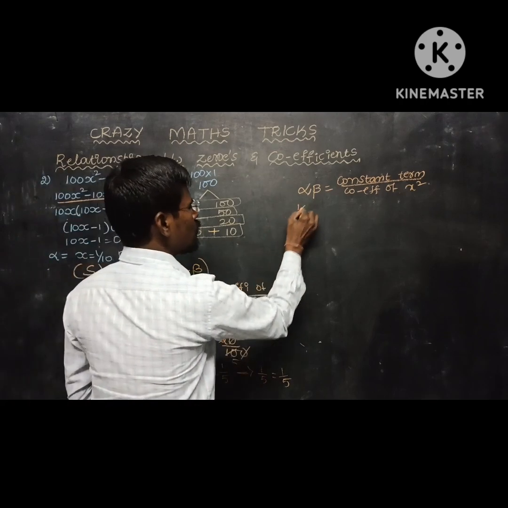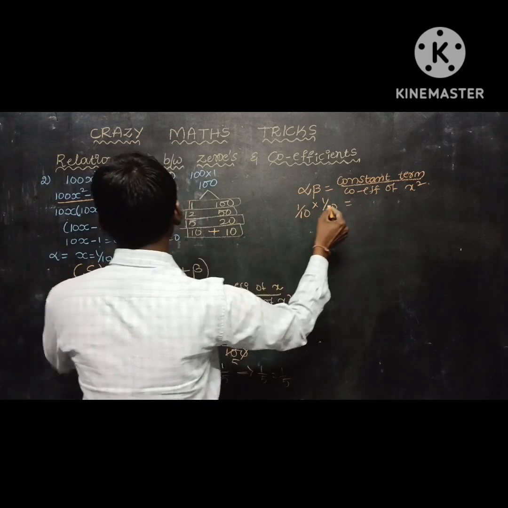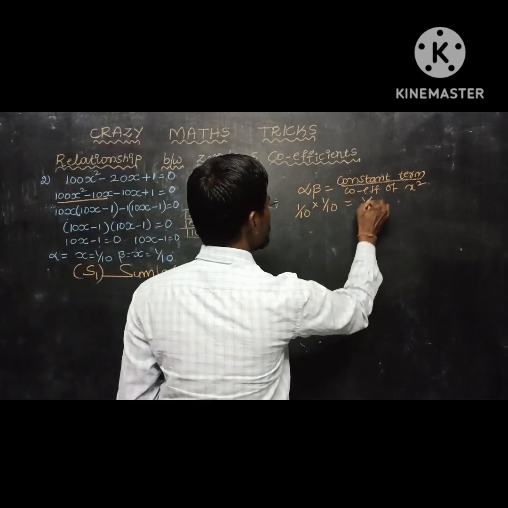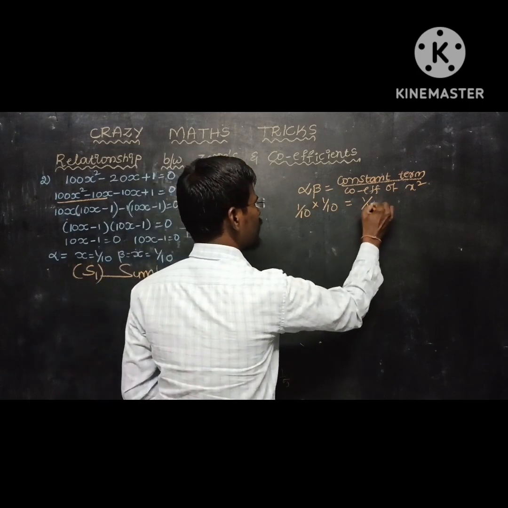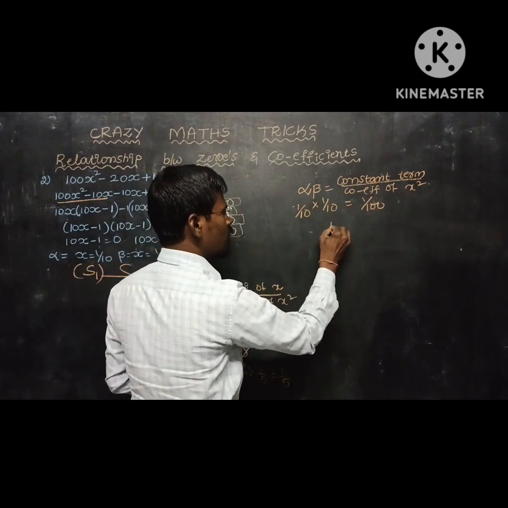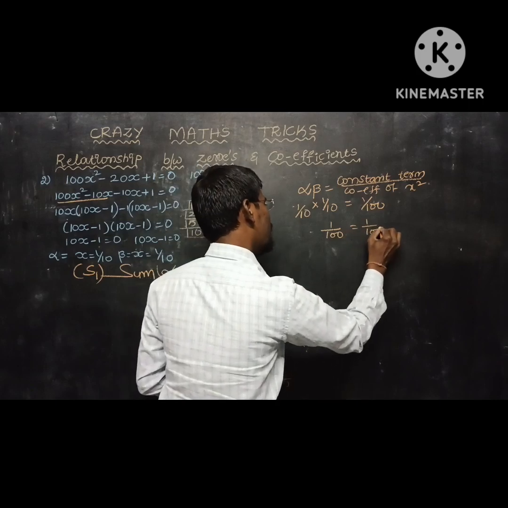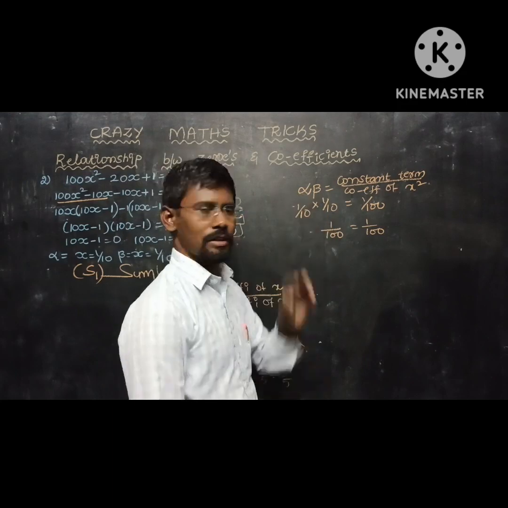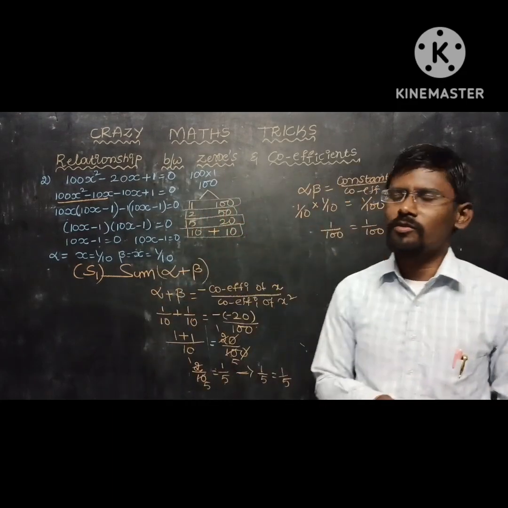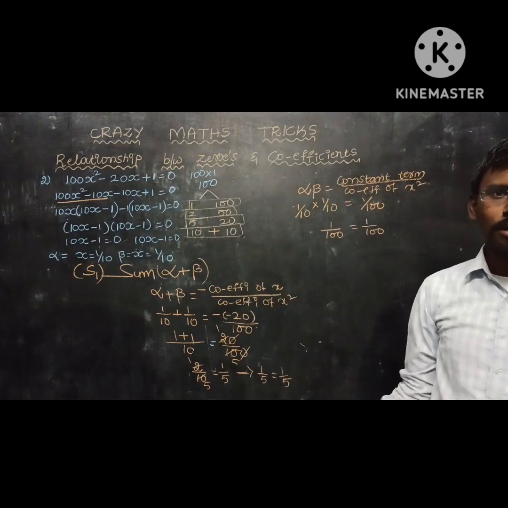Alpha is 1 by 10 into 1 by 10 is equal to constant term 1 by coefficient of x square 100. Let's check. 1 into 1 is 1, by 10 tens are 100, is equal to 1 by 100. So we verified the relationship for the product also. So two problems we did, and two problems we verified the relationship between zeros and coefficients.